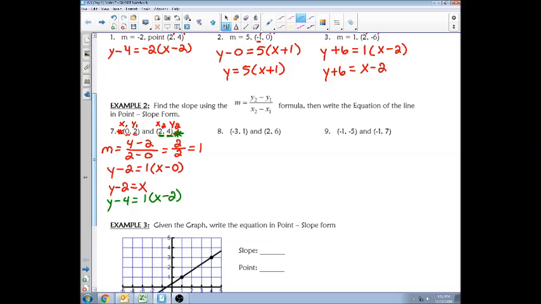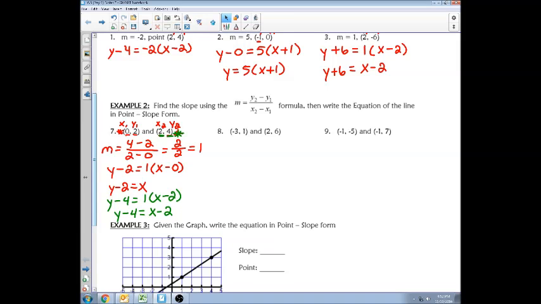Okay? Then I could write this as y minus 4 is equal to x minus 2. And those are the 2 different ways I could write the point slope form. You will not be required to write both ways. I will only ask you to write it one way. If it were me, I would probably pick the one that had a 0 in it because it would just be easier and quicker to write.